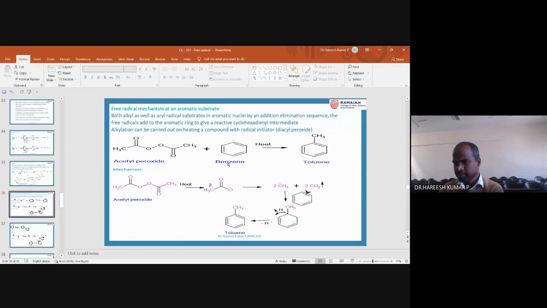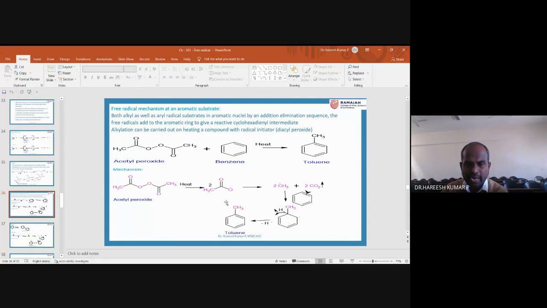Here, I am taking benzene as the aromatic substrate and acetyl peroxide. So this is a radical initiator. So what will happen? Initially, this moiety undergoes homolytic cleavage, giving rise to acetoxy radical formation.